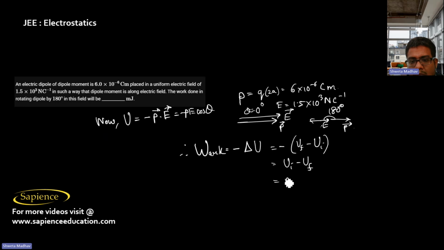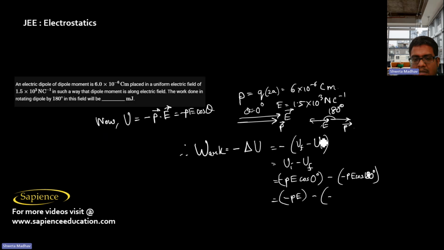So this will be equal to minus PE cos 0 degree minus of minus PE cos 180 degree. Cos 0 is 1 and cos 180 degree is minus 1. So it will be equal to minus 2PE.